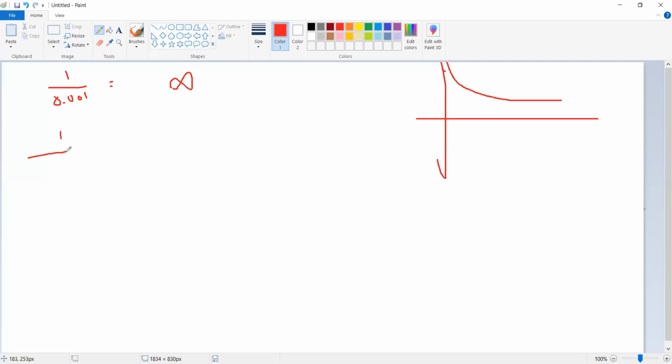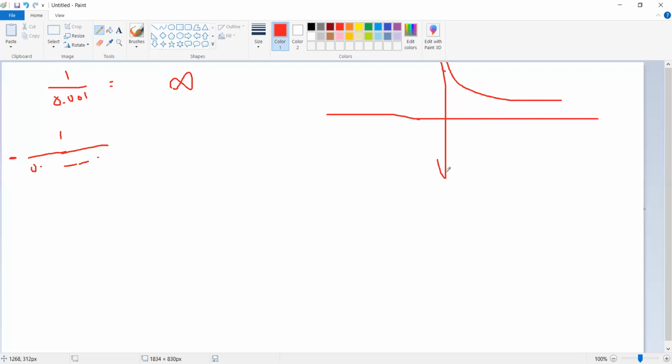Now I do the same thing with 0.0000, a very small value, and I put a minus. Then what will happen? It just becomes smaller, smaller. What is the total answer? 1 by a very small negative value will go to minus infinity.